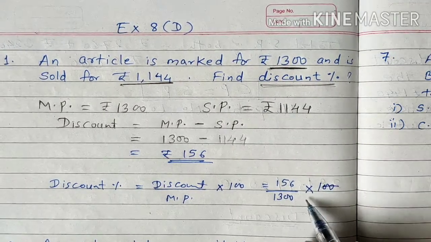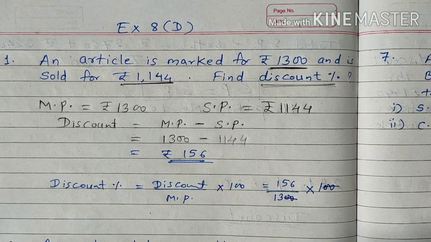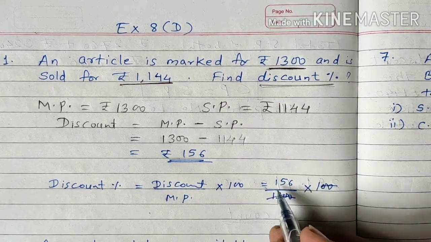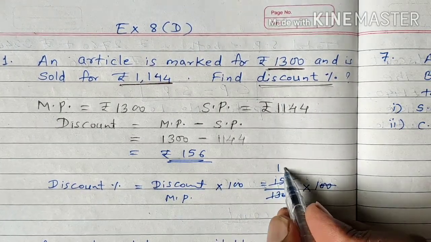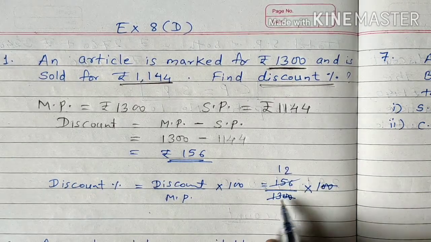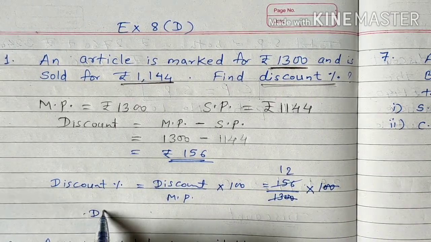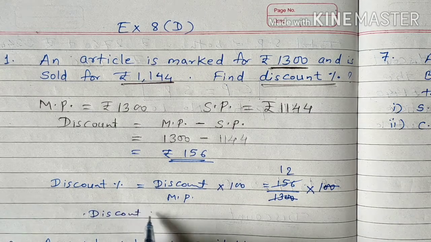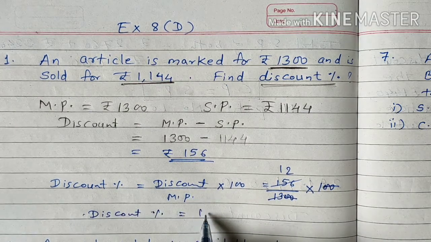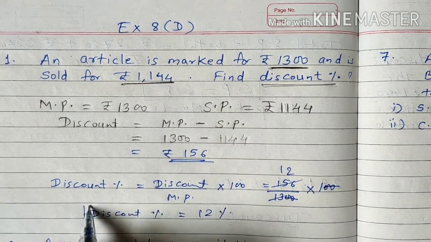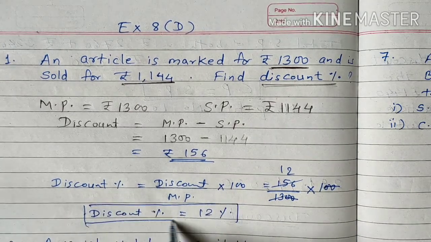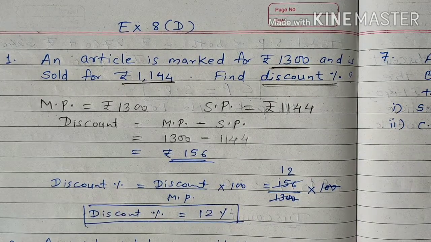The 0s will get cancelled, so it becomes 13 ones are 13, 13 twos are 26. So the value of the discount percent is 12%. Got it? This is the answer for this question.